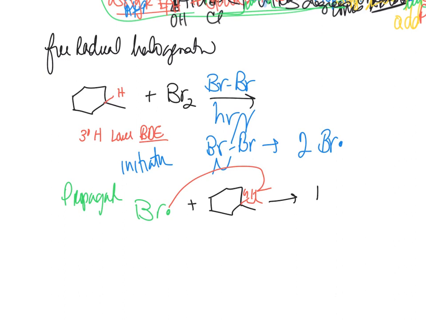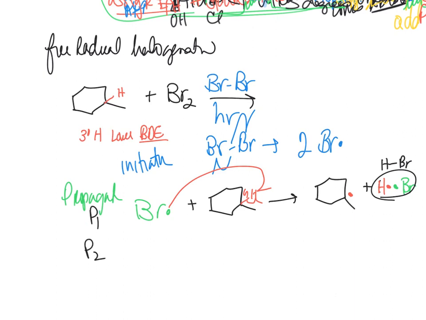And then you get a new radical. Okay, so new electron plus a H. Of course, 1 electron went with the hydrogen. The other electron comes from the bromine, and that makes HBr. Okay, and so that's propagation step 1.